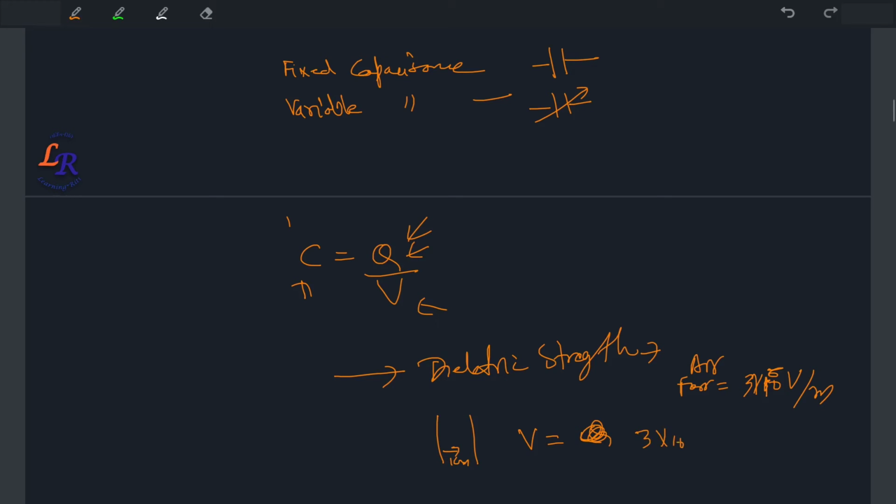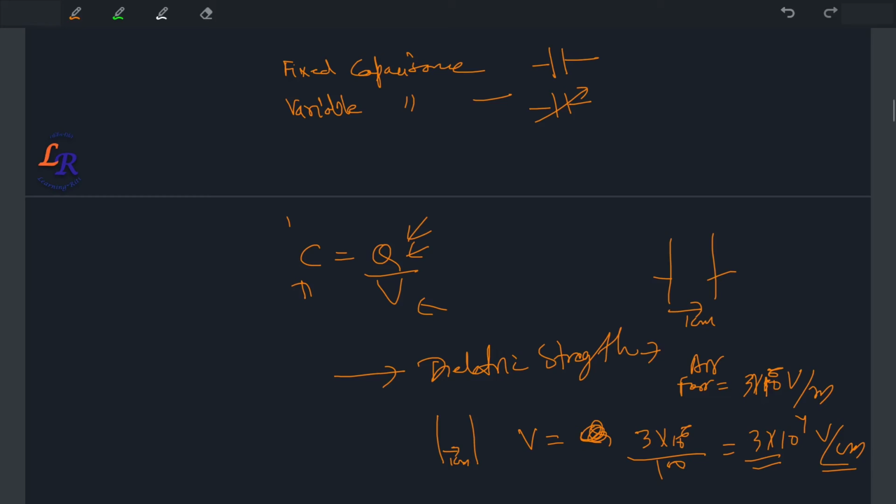It would be 3 into 10 power 6 divided by 100 centimeters. So per centimeter, 3 into 10 power 4 volt per centimeter, right? So if the two capacitor plates are separated by a distance of 1 centimeter, then the maximum potential difference it can have is 3 into 10 power 4 volt per centimeter, the electric field.